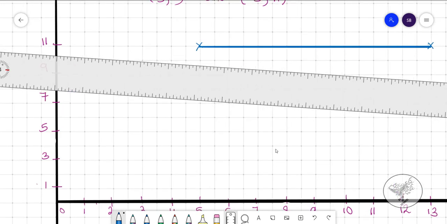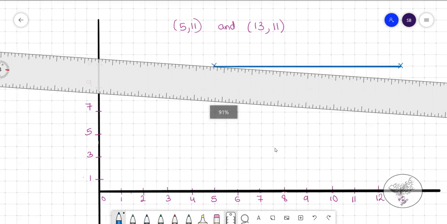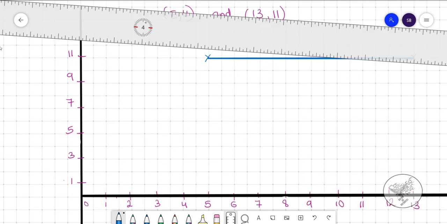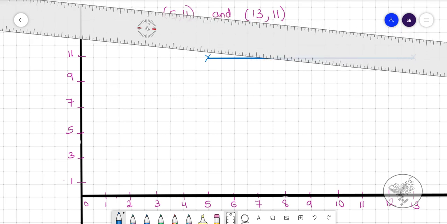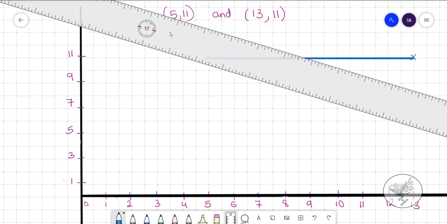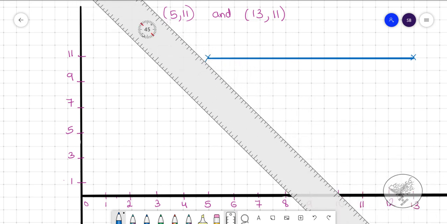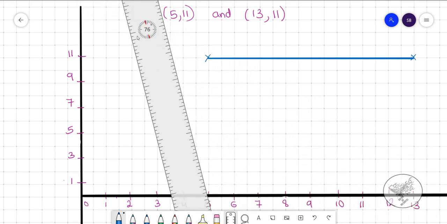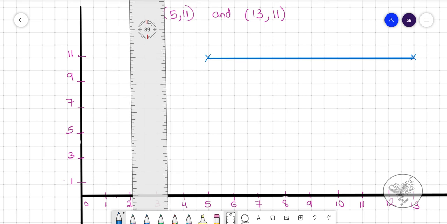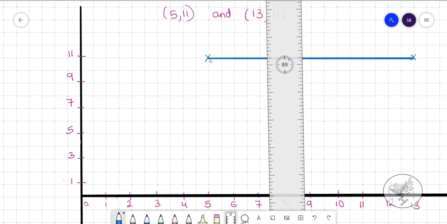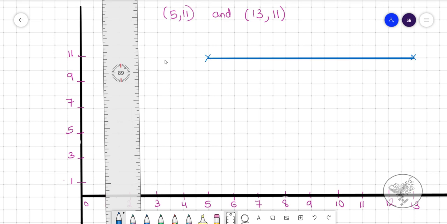In order to find the perpendicular bisector, it would be a vertical line. So in order to draw the perpendicular bisector, I have to know the midpoint of this line.